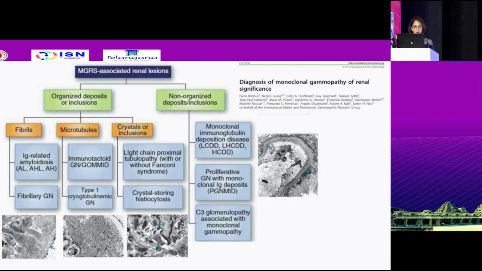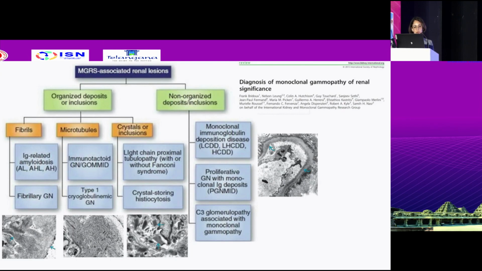So these are monoclonal immunoglobulins or light chains that are nephrotoxic, and these can cause different kinds of lesions in the kidney biopsy. They can be non-organized, as in the case of our case. Light chain deposition disease could be a proliferative GN with monoclonal immunoglobulin deposits, known as PGNMID, or a C3 glomerulopathy.